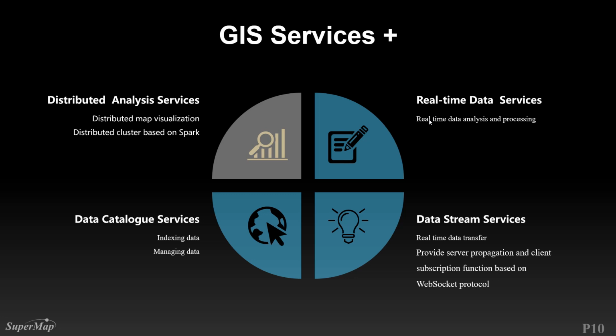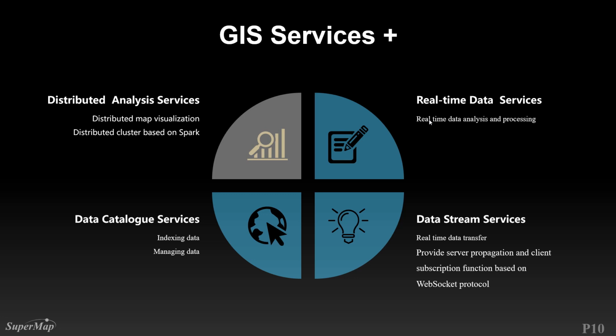The first one is distributed GIS services. The distributed map visualization is mapping with the application of multiple nodes of a distributed cluster of Spark. It supports the output of map results in MongoDB, and the results can be automatically published as map and data services.